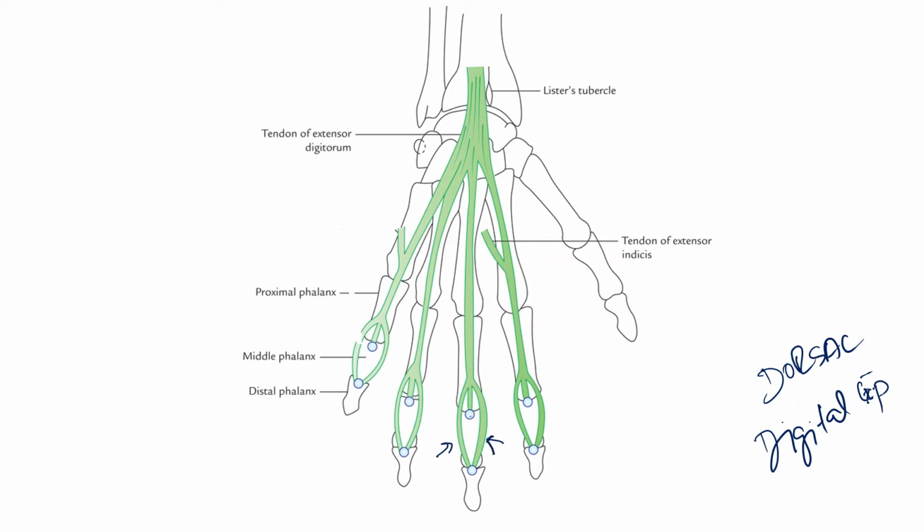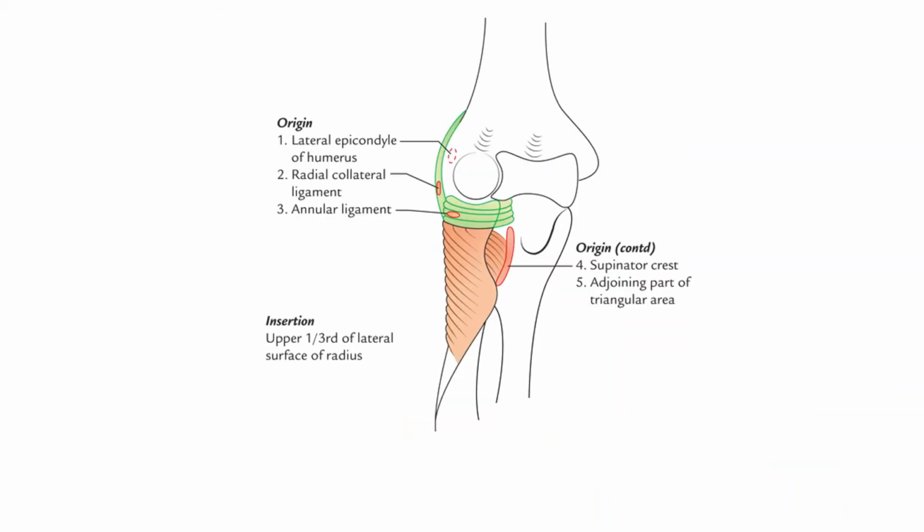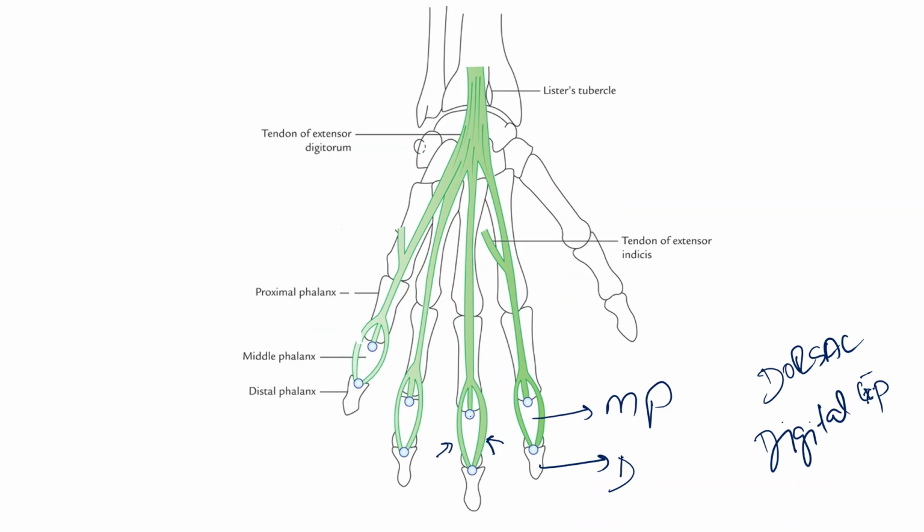The median band gets inserted onto the middle phalanx, whereas the lateral bands get inserted onto the distal phalanx of the corresponding fingers. So this is about the insertion of the extensor digitorum.